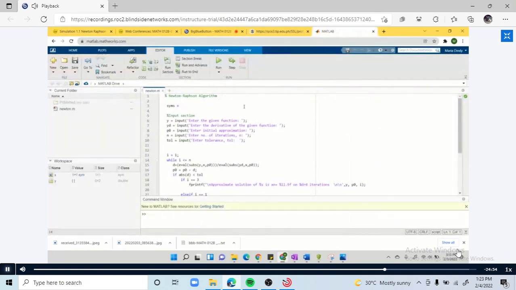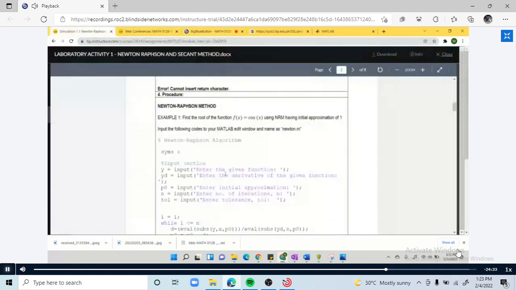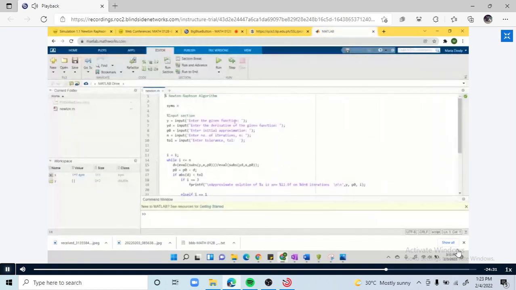Kung ganito siya, dapat dito siya i-enter. May mga numbering dito. Ito yung edit window natin. Hindi natin to ginamit sa MATLAB nung linear algebra, no? So, mag-enter ka ng function dito. Parang naka-program siya. I-copy-paste mo lang yung program, yung code, dun sa edit window, and then save nyo siya.